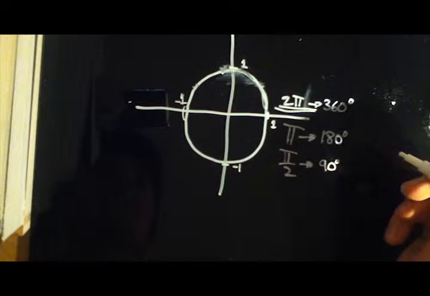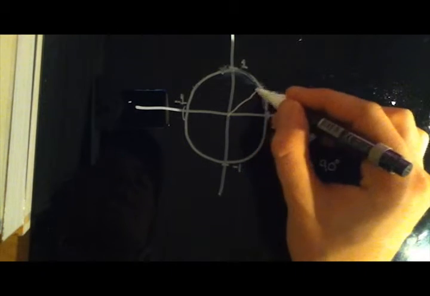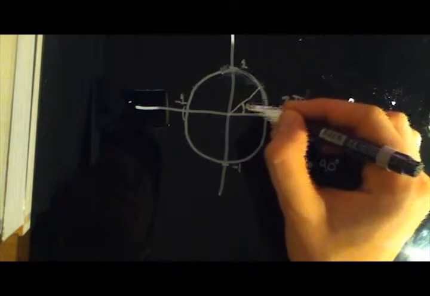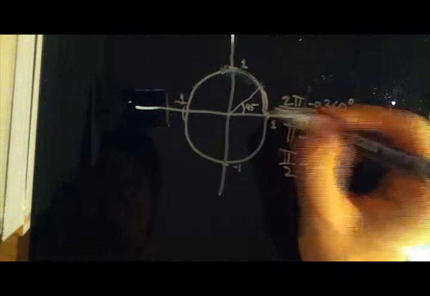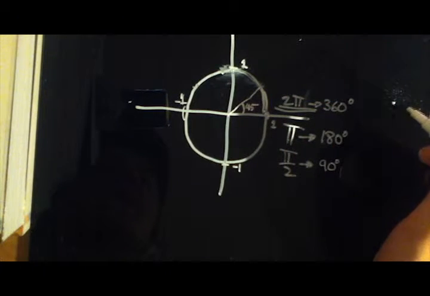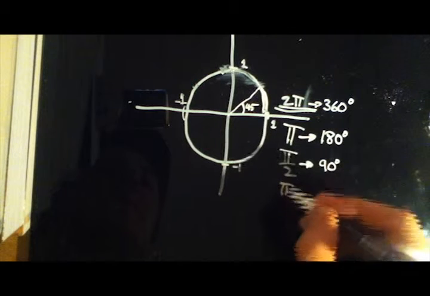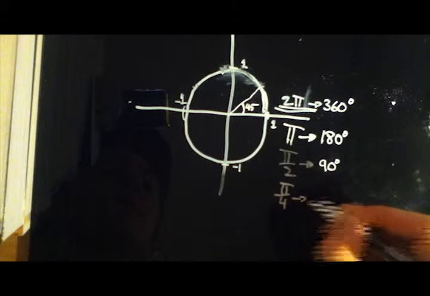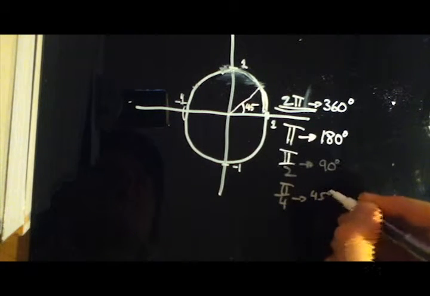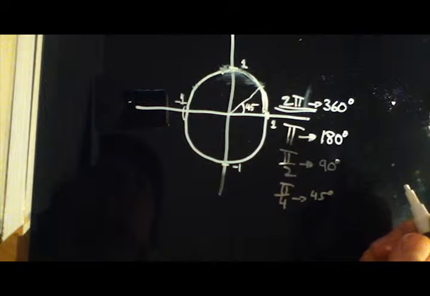Alright, fair enough. What is 45 degrees, you may ask? It's this section right here. Well, 45 degrees is pi over 4. It's not really that hard, but here's what's interesting.